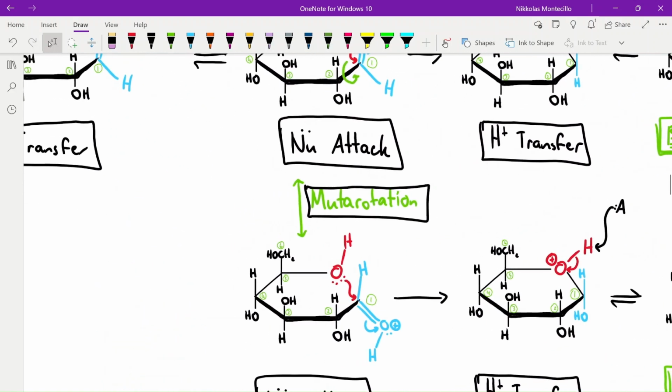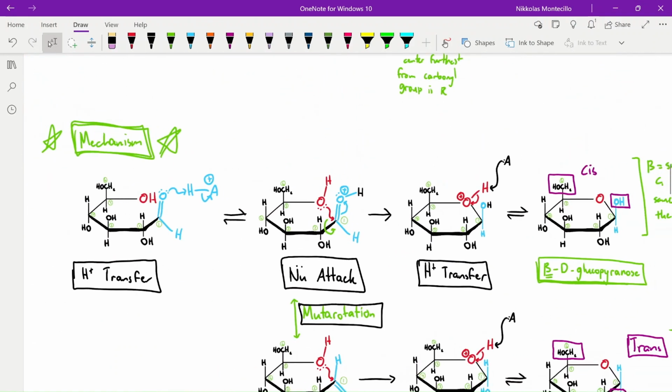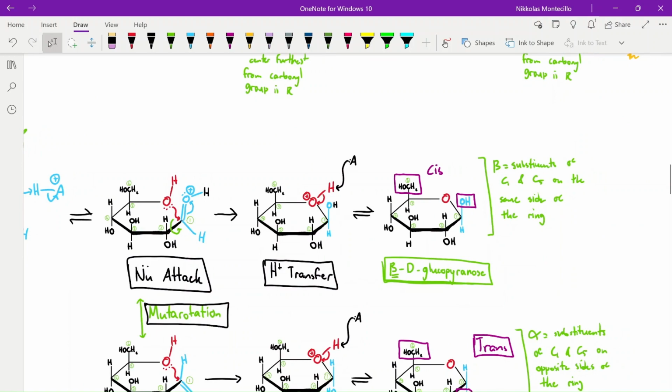If we get into the specifics here of mutarotation, we can see that two products can be formed.